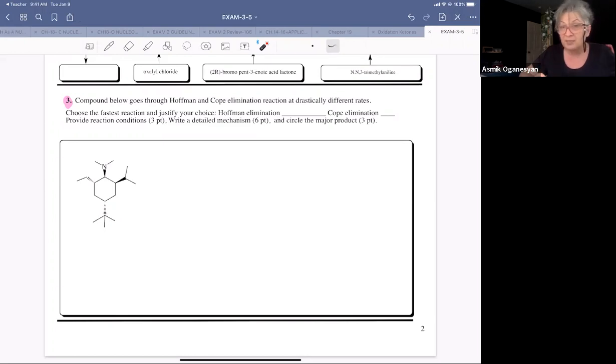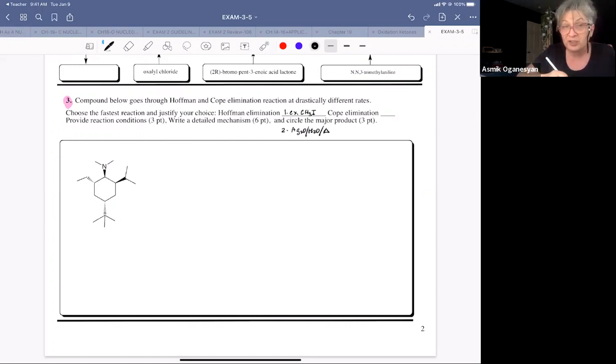But before I can make my conclusion about which reaction will be faster, let's make sure that for each reaction we put the proper conditions so we don't forget what will be happening there if that's the fast reaction. For Hofmann elimination, the conditions were, first, excess of methyl iodide, right? And second, we were using silver oxide, water, heat.